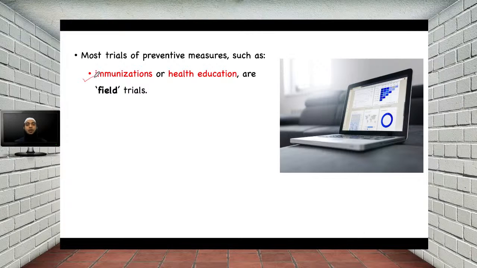So what you are doing is keeping a record of those patients, taking their phone numbers, and asking them to go home and report if they suffer any adverse effect. Isn't it? So this type of trial of immunization or health education is a field trial.